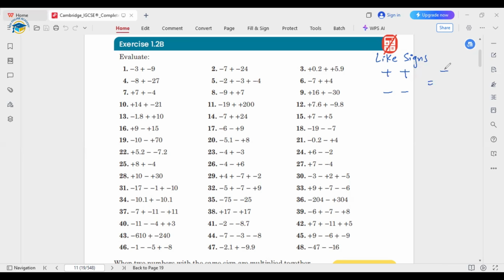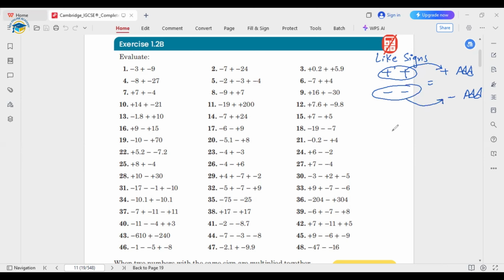Positive and positive would be positive. We add the numbers with a positive sign. Similarly, if we have negative and negative, we add the numbers, but the sign would be negative. Just remember that when we have like signs, we use the similar sign again.